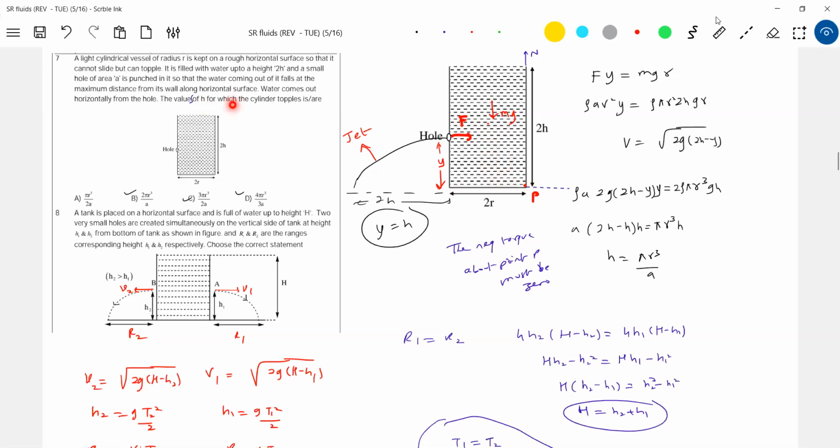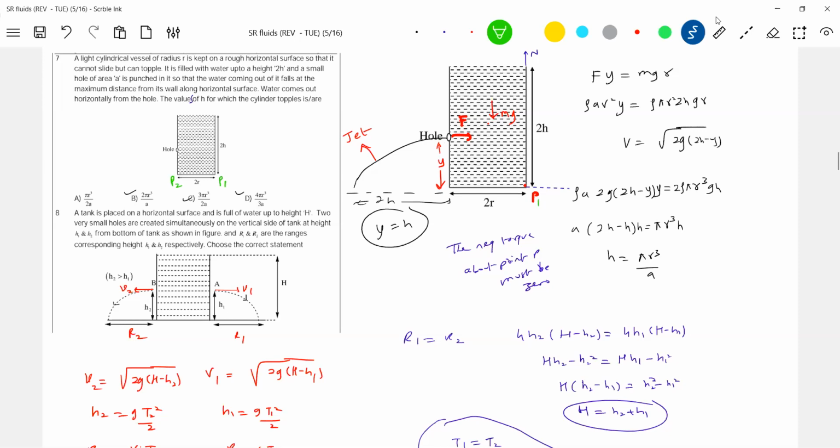Now, the values of h for which the cylinder topples. Why will it topple? Because there is a tendency of this cylinder to topple about this edge. Which edge can we take? I'll write P1, P2 in the diagram.